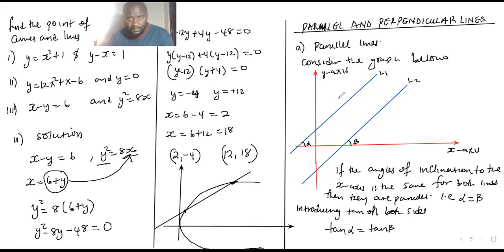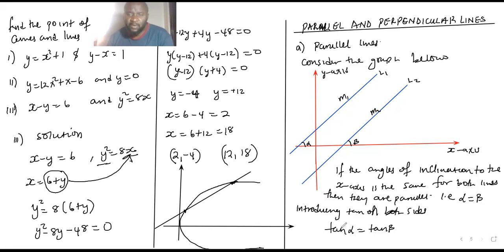Y2 minus y1 over x2 minus x1. But what is that? It's the gradient.